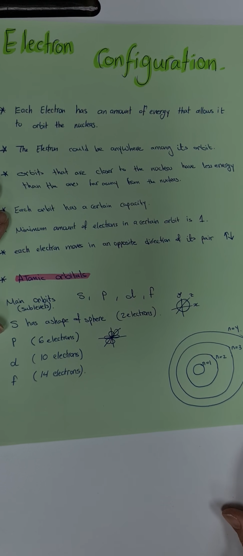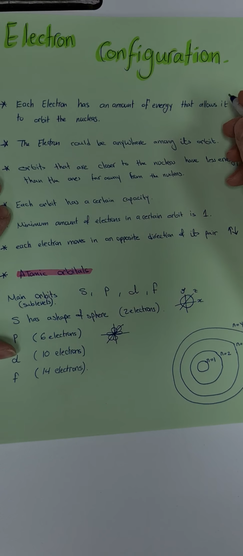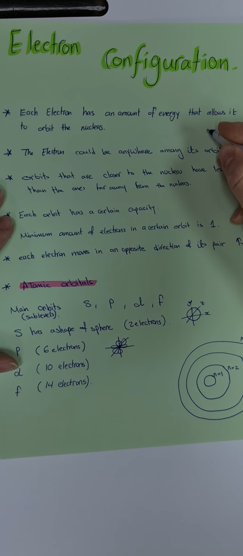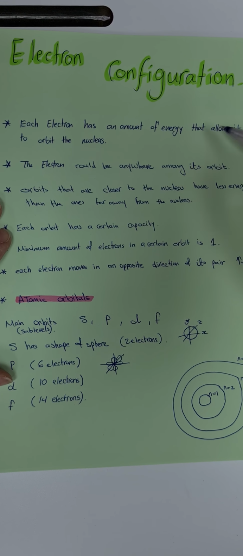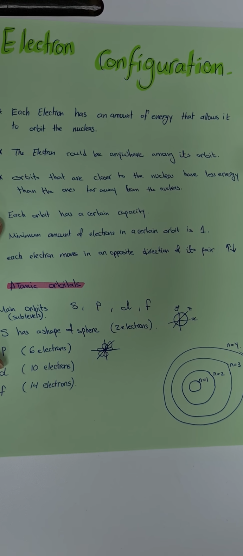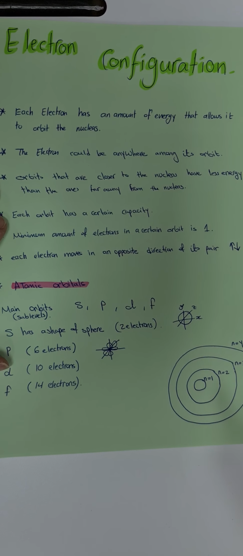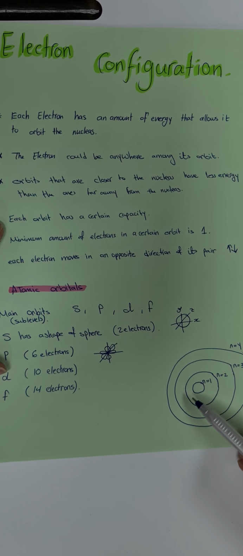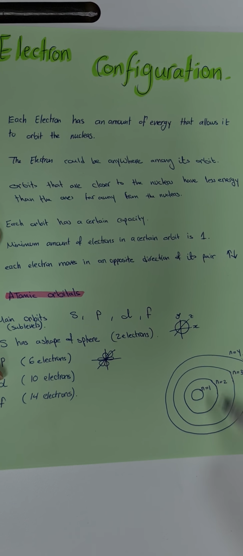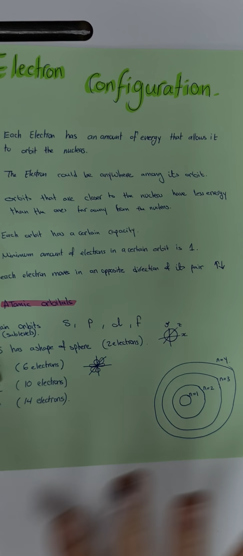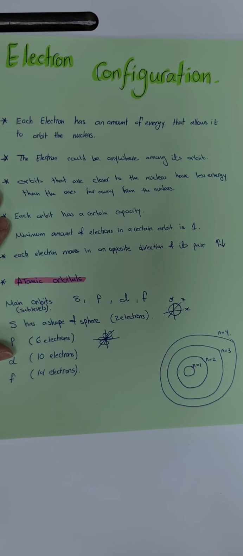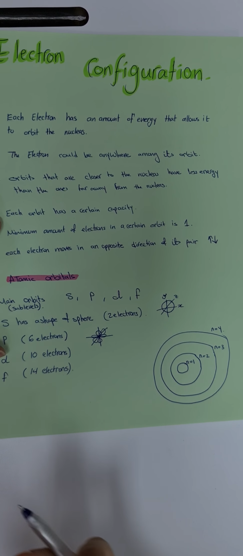Now, how do we determine the location of each electron? We have many rules that we should follow. The first thing is that each electron has a certain amount of energy. If you remember, Bohr's model states that each electron can orbit around the nucleus with a certain amount of energy, and each electron has its own orbit. This is approximately like how planets orbit the sun.